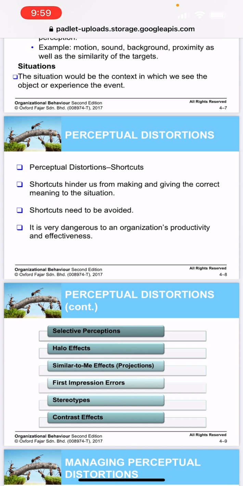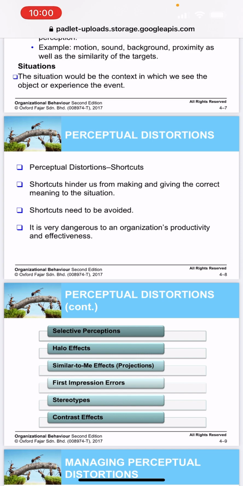For example, during an interview session for the position of customer service assistant in Hotel XYZ, the HR executive from the Human Resources Department failed to select the most promising candidate from the many candidates who attended the interview session, as he was attracted to the sweet smile of one of the female candidates. So it is called halo effect. We tend to focus on a single characteristic of a person or a target object.